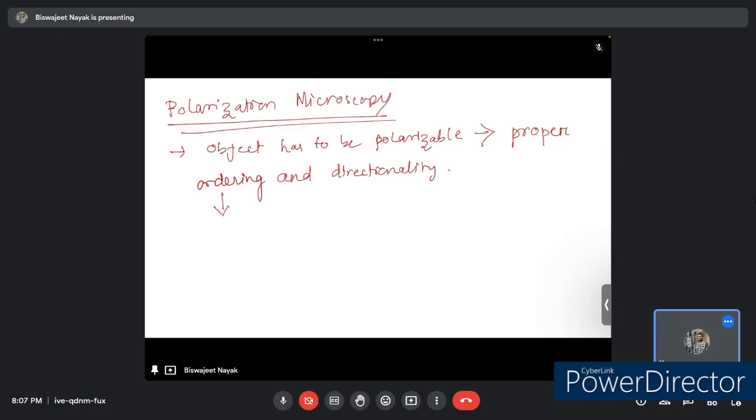So here image formation is dependent on diffraction, interference, as well as the ordering.